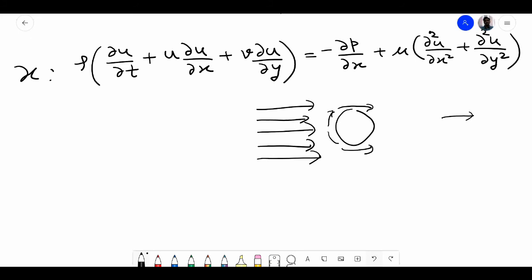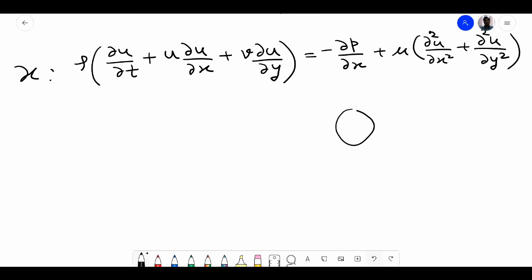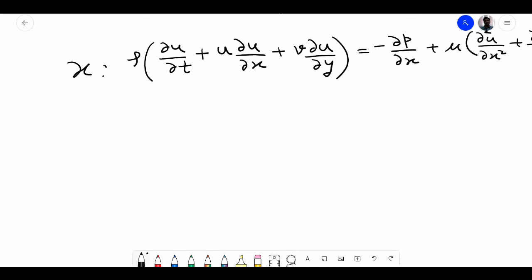So let us choose some characteristic scale for velocity, capital U, and define a dimensionless velocity, U star. So we'll say that capital U times U star is equal to u, which is our dimensional velocity.